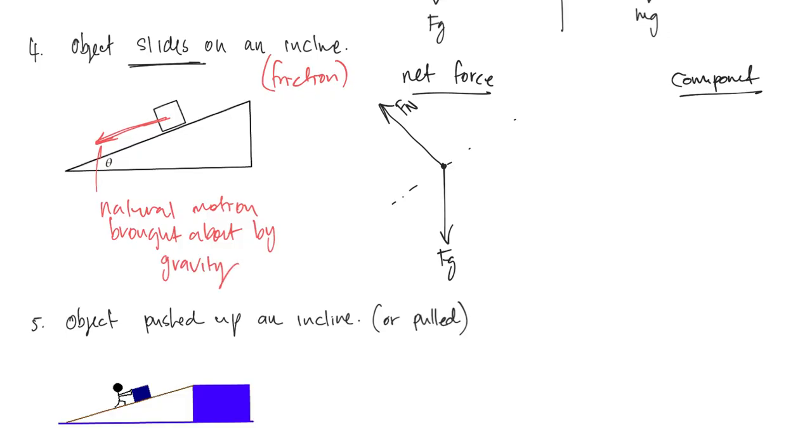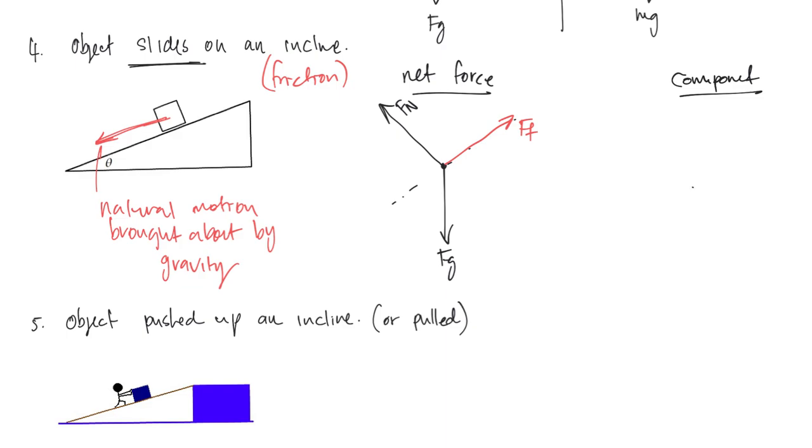So it's not something that I can show as a force applied, but I can show that if the natural motion is down the slope, then the force of friction is in the opposite direction. And that's how I would draw my force of friction.